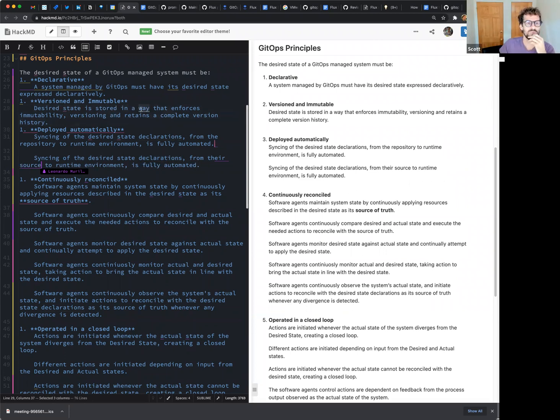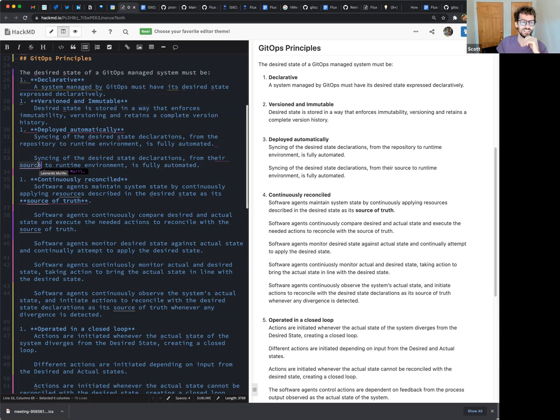Maybe then instead of stored in a way, maybe we should say stored in a source. No, because you cannot store it in a source. Source is the artifact, not where you place the artifact. Wouldn't it be like it's stored in a source that enforces immutability, versioning, and retains it? It doesn't sound as nice. No. So that's what I'm saying, is their source good?